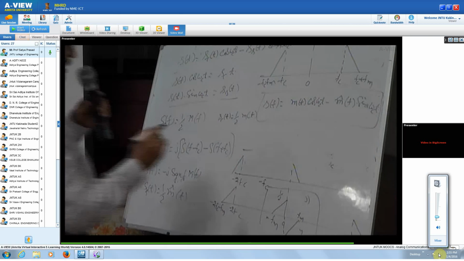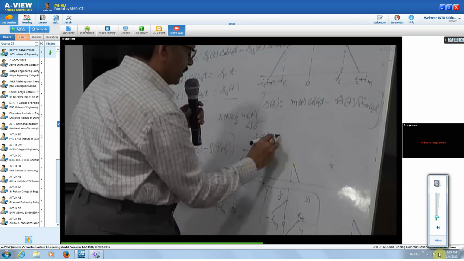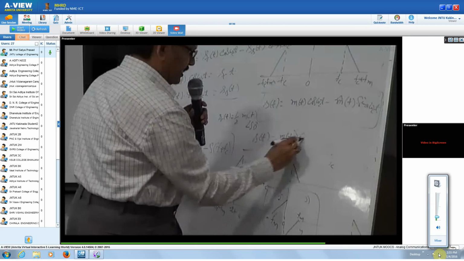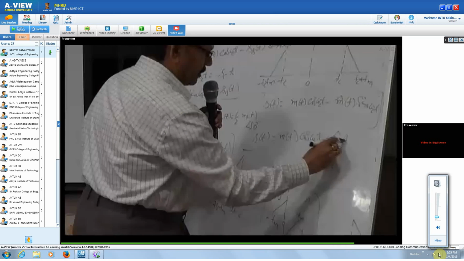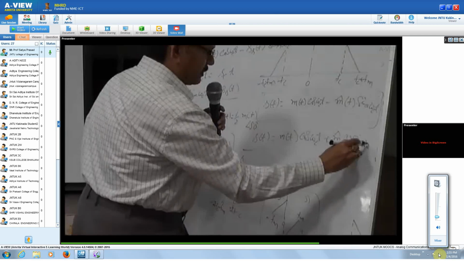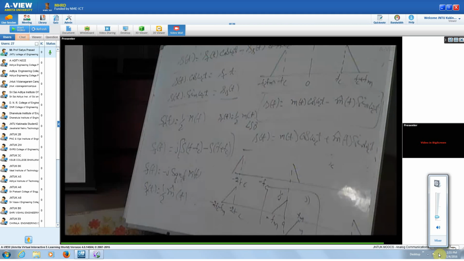And for the LSB, S of t will be equal to m of t cos omega ct plus m hat of t sin omega ct, right? That's the time domain representation of your LSB signal, the lower side band.